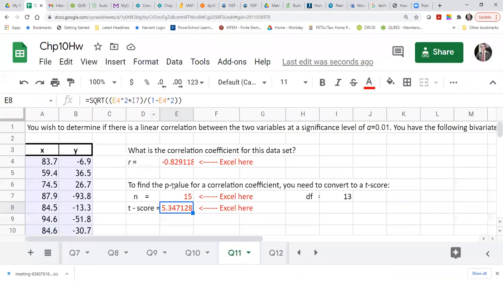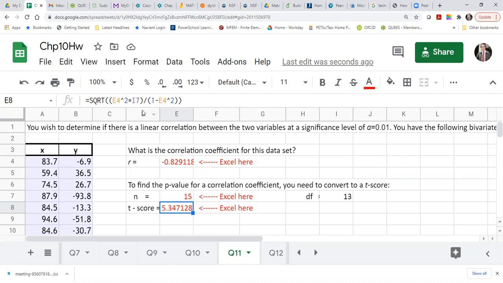So you can see here the formula is, I think I changed the formula here.